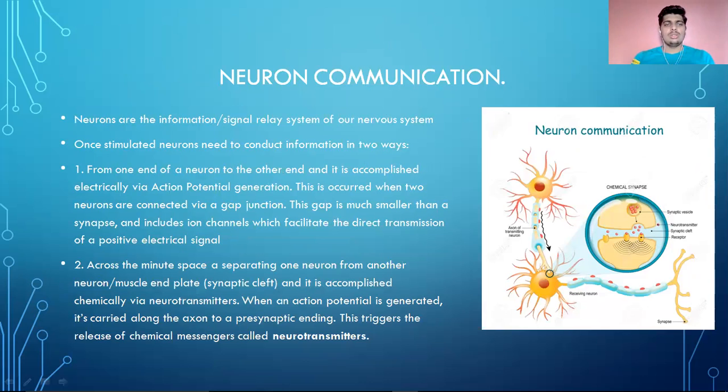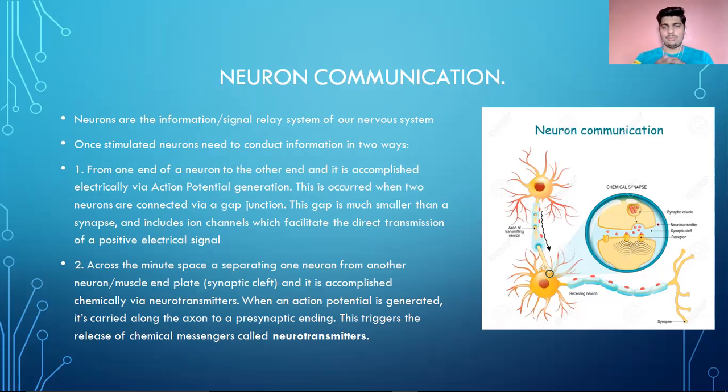Now, neuron communication. Neurons are the information or signal relay system of our nervous system, the central nervous system. Once stimulated, neurons need to conduct information in two ways. First, from one end of the neuron to the other end, and it's accomplished electrically via action potential generation. This occurs when two neurons are connected via a gap junction.